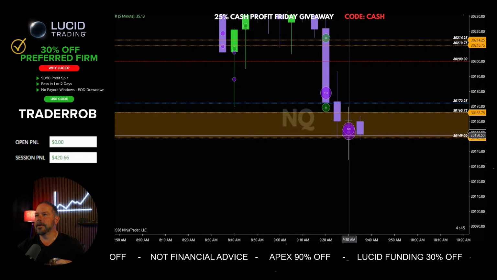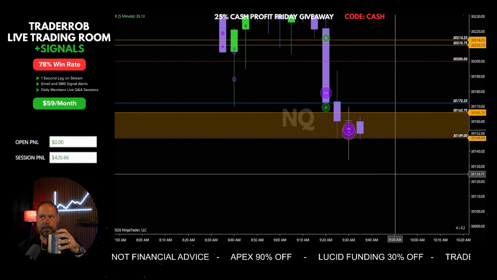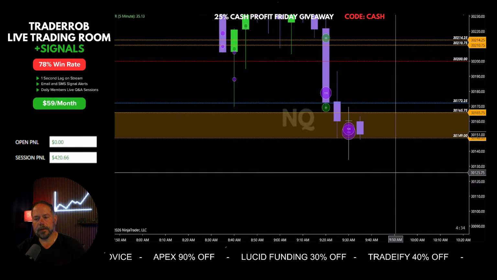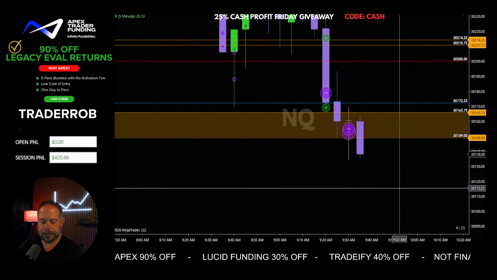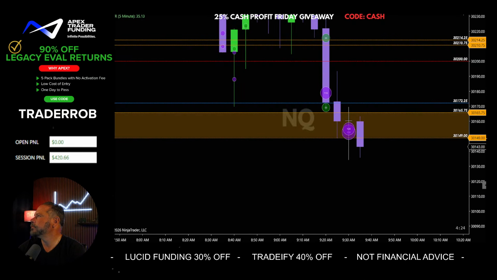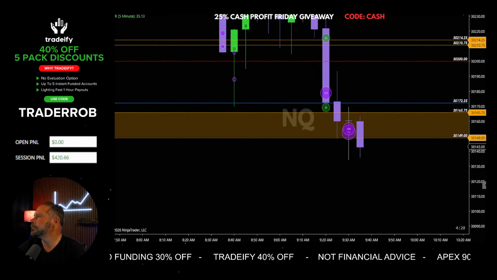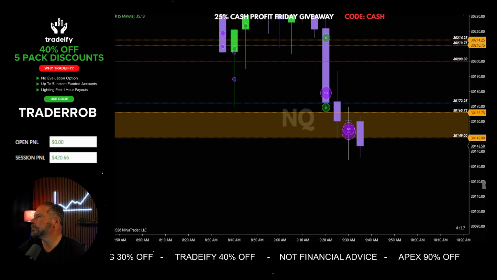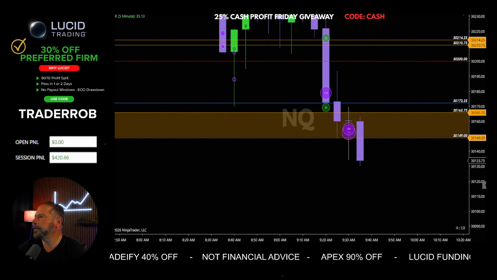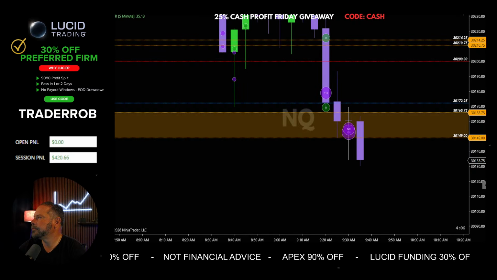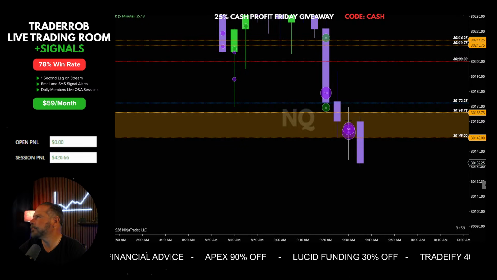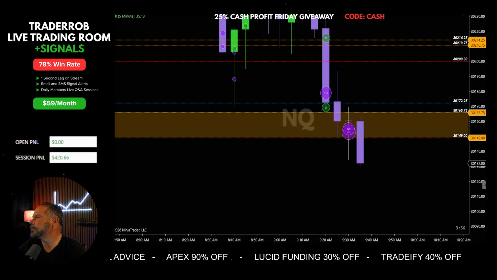So you can see that the sellers here kind of threw the kitchen sink at it right there. Buyers absorbed that move, so getting down to kind of the Globex session's low yesterday. Actually, our daily low should be there.